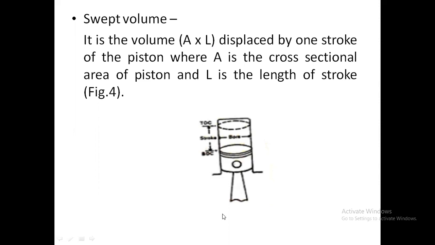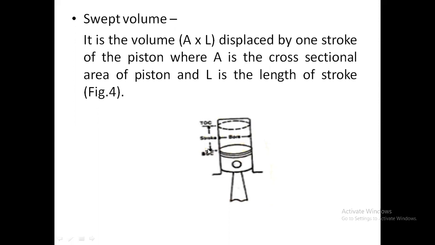Here in the diagram, you can see this is the TDC. TDC means top dead center, and this level is the BDC, that is the bottom dead center. Now, what is the stroke? Stroke is nothing but the distance traveled by the piston from the BDC to the TDC.